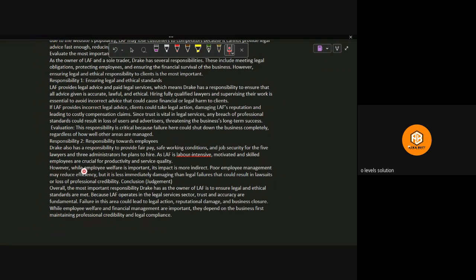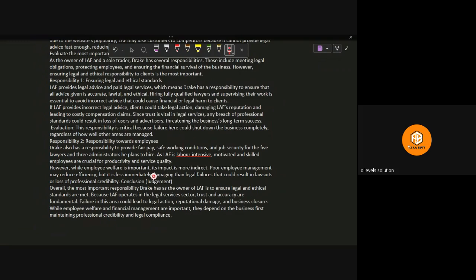However, while employee welfare is important, its impact is more indirect. Poor employee management may reduce efficiency, but it is less immediately damaging than legal failures. It means that if he is not able to motivate his workers, this may reduce their efficiency, but slowly.